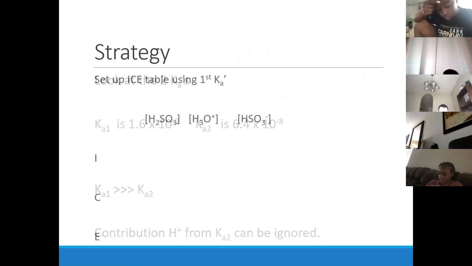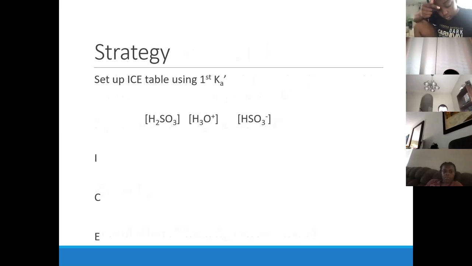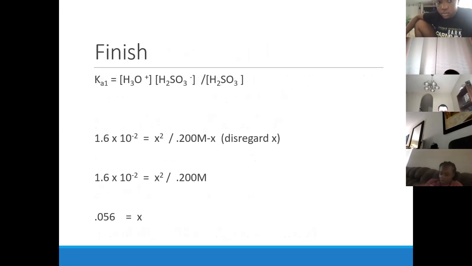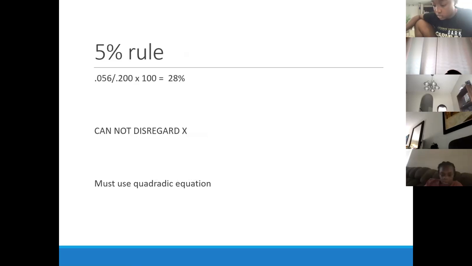So I'm just going to set up my ice table with regard to the Ka, setting up my equilibrium equation. I get 0.056 is equal to X. Uh-oh, my 5% rule. I get 28%.